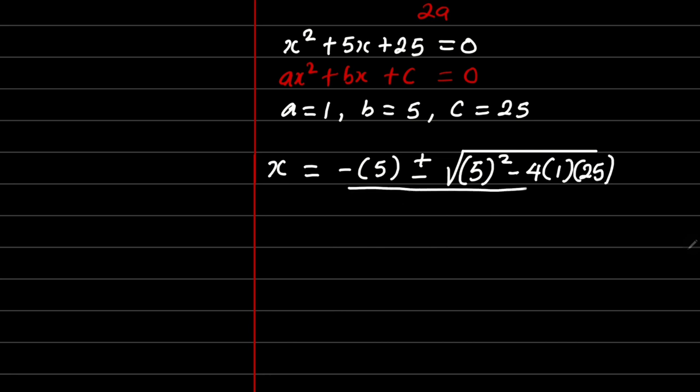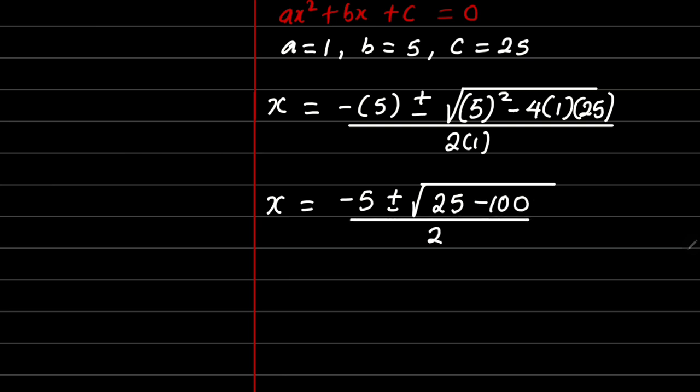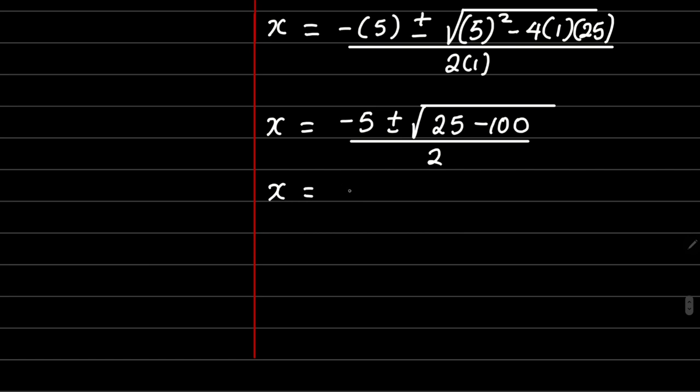Now everything here will be all over 2 times a, which is 1. So x will now be equals to minus 5 plus minus root of 25 minus 100 all over 2. Now this is x equals to minus 5 plus minus root of minus 75 all over 2.